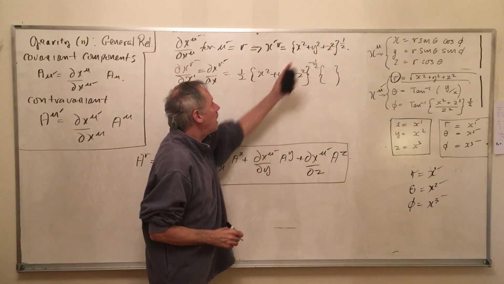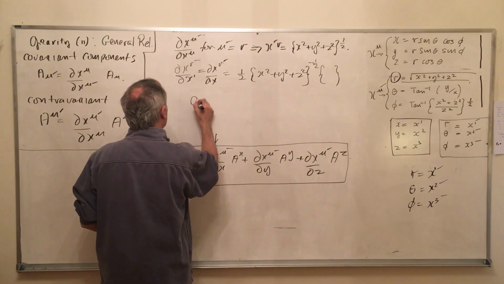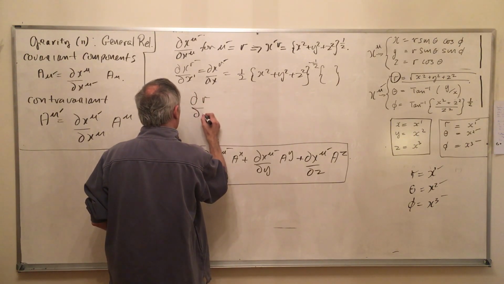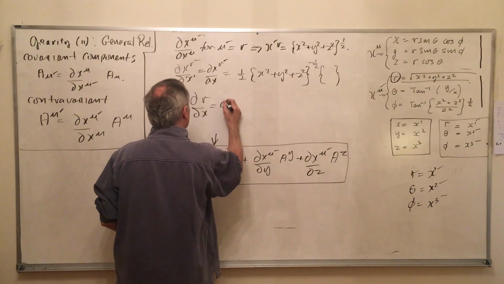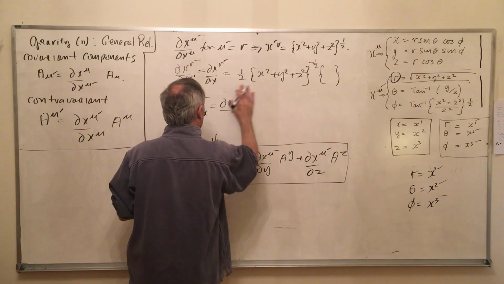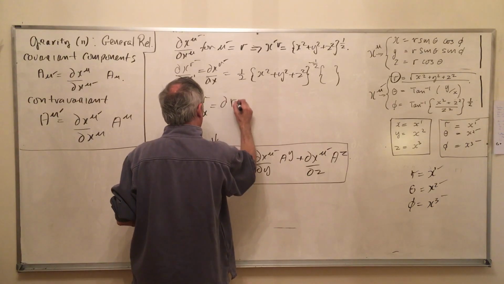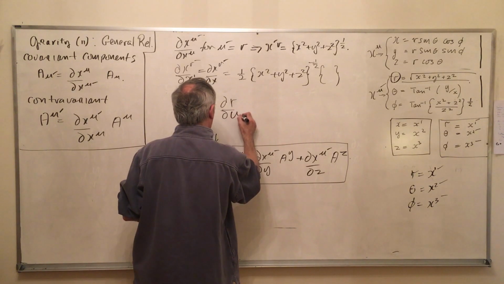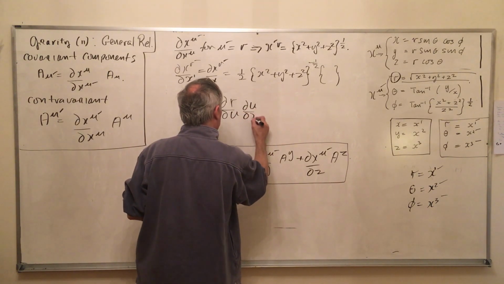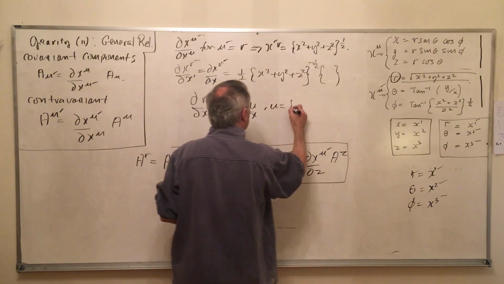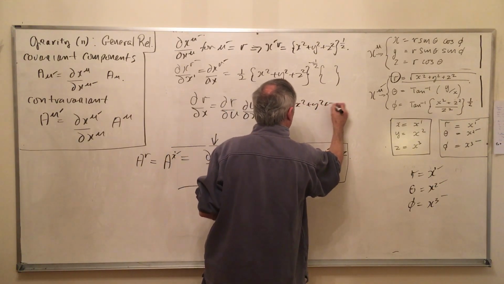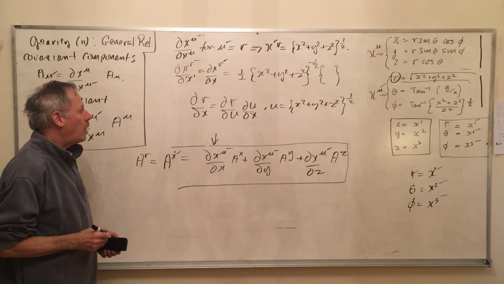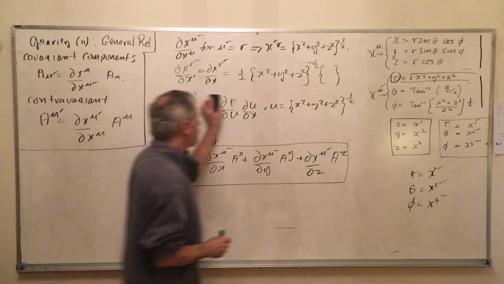And differentiate inside the bracket. This is the chain rule, by the way. That's what we're doing, okay? We're just taking the derivative of the what? dr by du times du by dx.